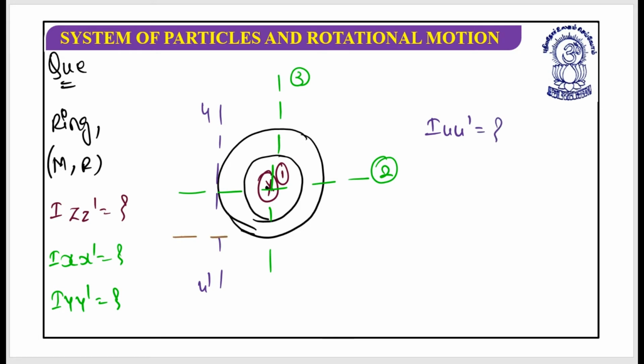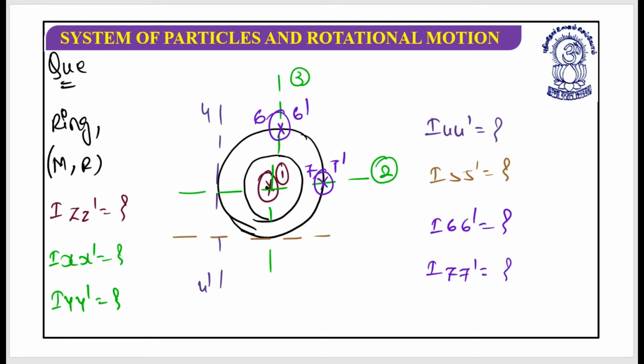Next it is something like this. Next it is something like this. This is 6 6 dash. One more, it's 7 7 dash. I hope this is clear. One more. Let's suppose this is the axis.